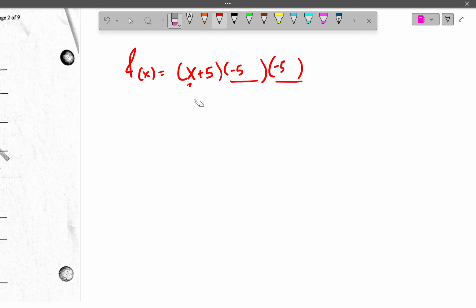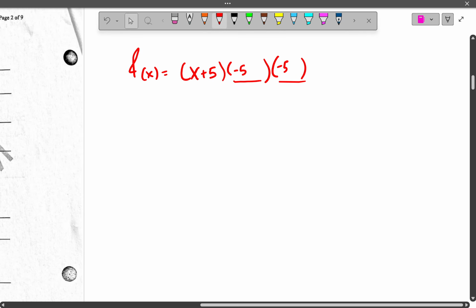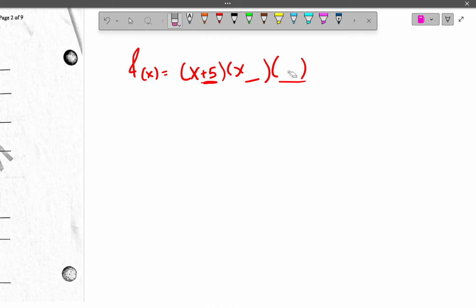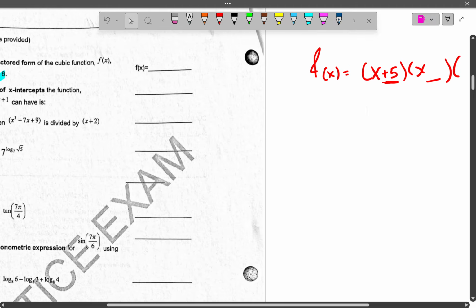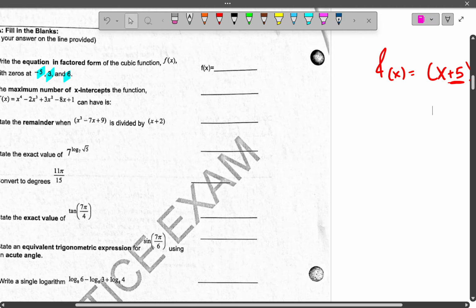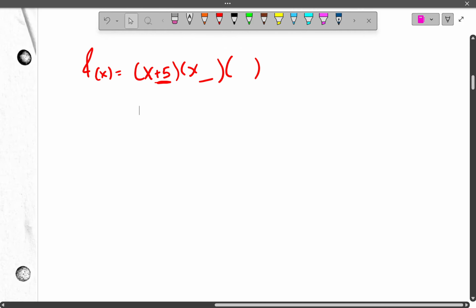So that's what we're looking for: to figure out what we have to put beside these x's. We're basically filling in the blanks, like what these x's need to be. This first one has to be +5, because -5 plus 5 will give you 0. And with that same reasoning, for our second zero, +3, I'm going to write -3.